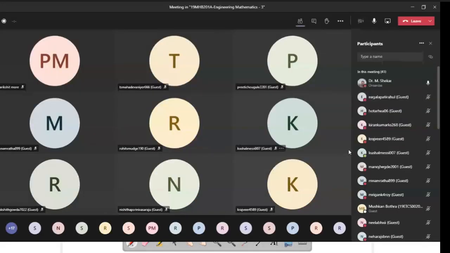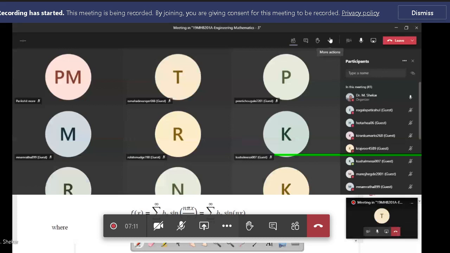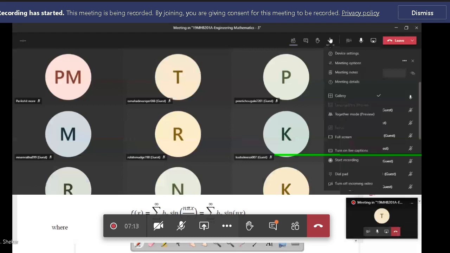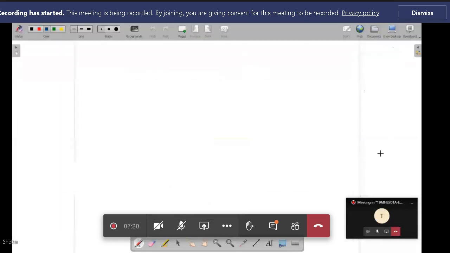So now we take this example, that is find the half-range sine series of the function f of x is equal to pi x minus x square in the interval 0 to pi. So find the half-range sine series. So write down this example.